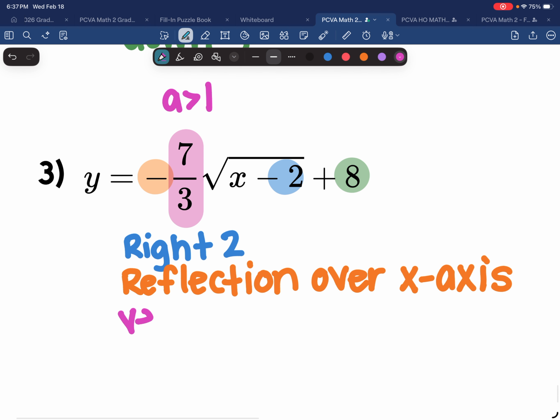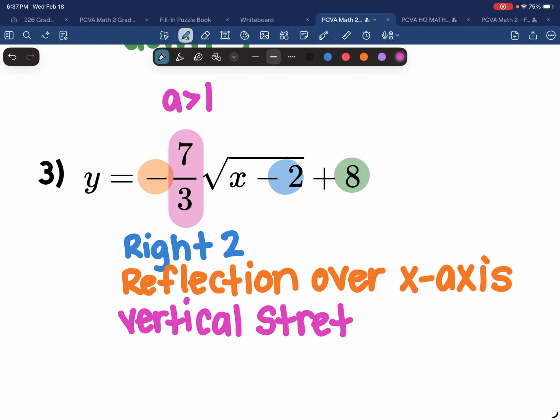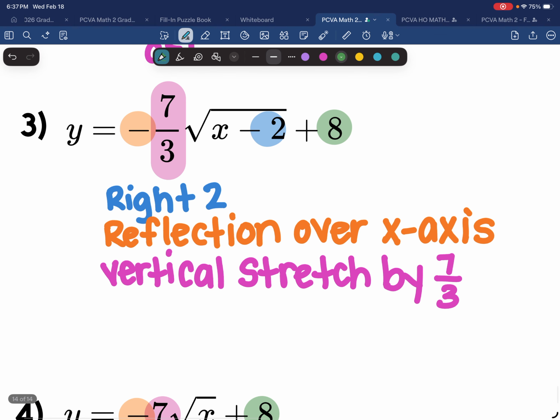Even though it's a fraction, it's still improper, which means it's larger than 1. So this is a vertical stretch, and it's going to be a vertical stretch by 7/3. And then finally, the last one is always the plus or minus at the back, which means we're going to be going up 8 units.